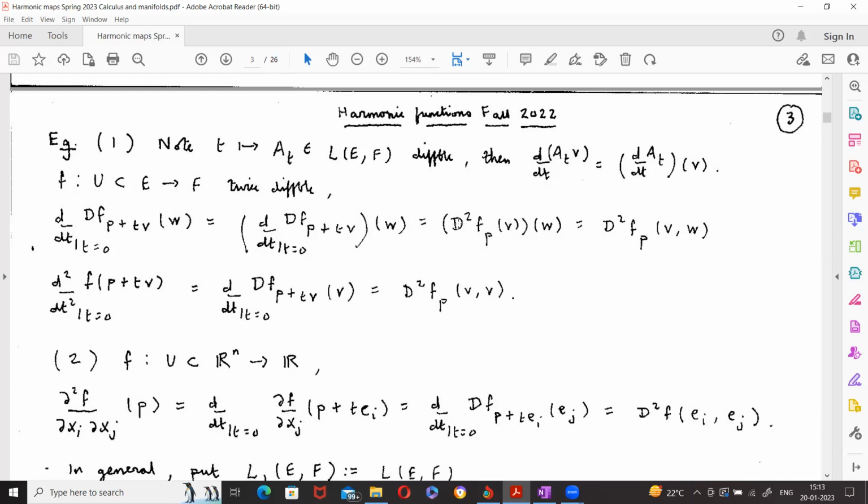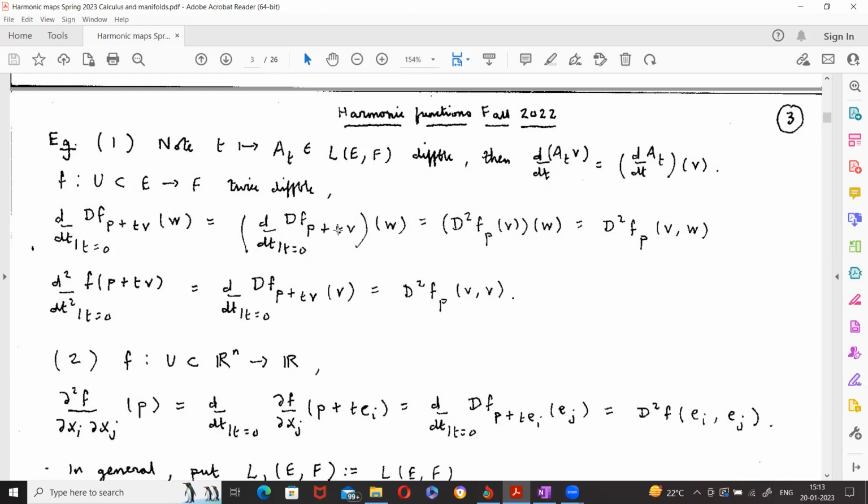By the property above, if I take d/dt at t equal to 0 of this, it will be d/dt at t equal to 0 of this family of linear maps applied to W. Now the derivative of this family of linear maps, by the chain rule, is the derivative of the map x goes to df at x, applied to the derivative of the curve P plus tV.